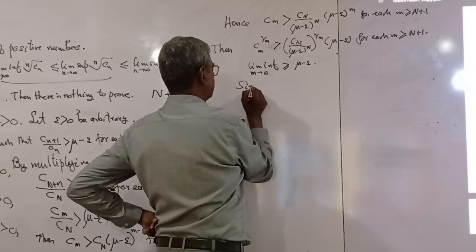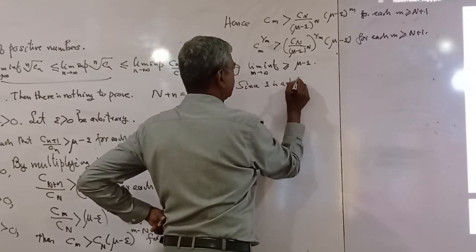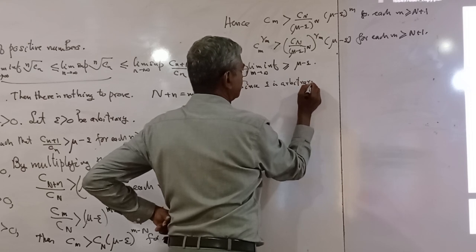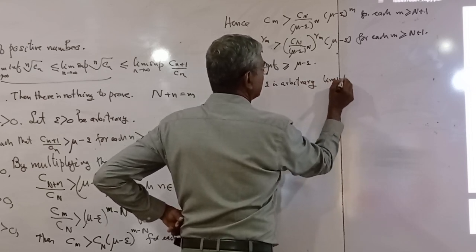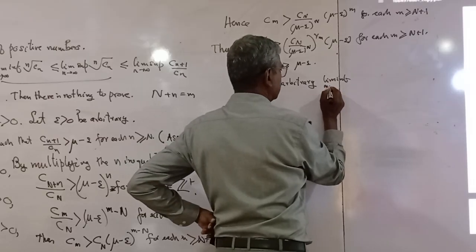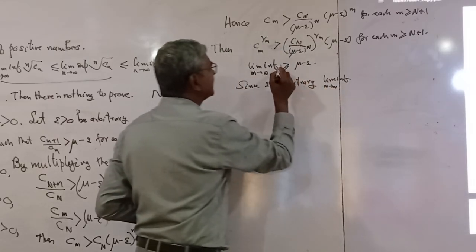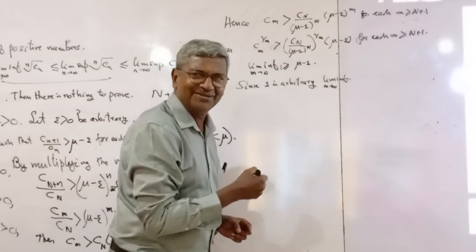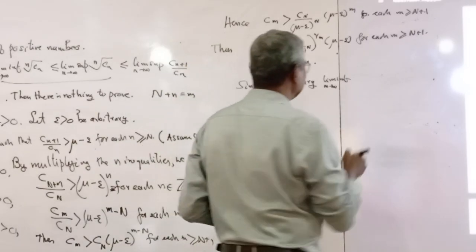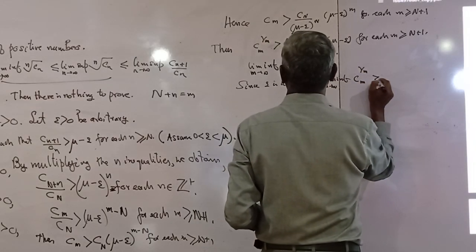Since epsilon is arbitrary, lim inf as m tends to infinity of the mth root of Cm is greater than or equal to mu.